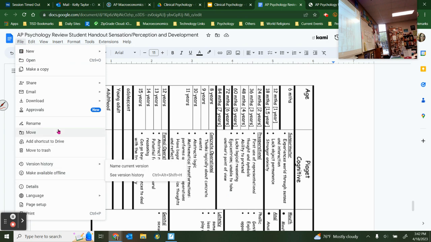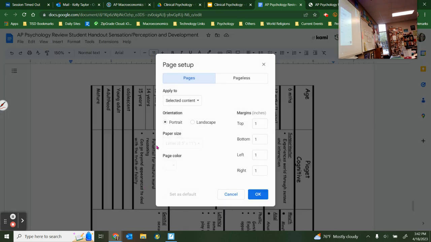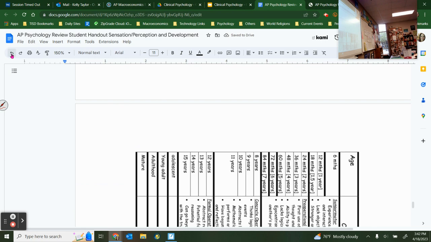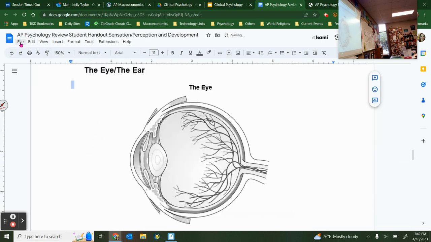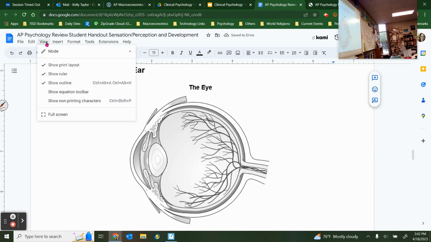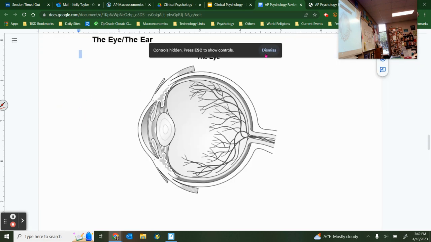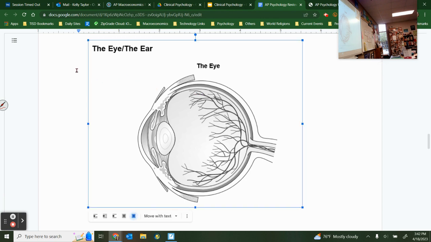No, it won't. Just check. Yeah, undo. File, go view. Full screen, but maybe we can flip it. Nope. We have less options now.